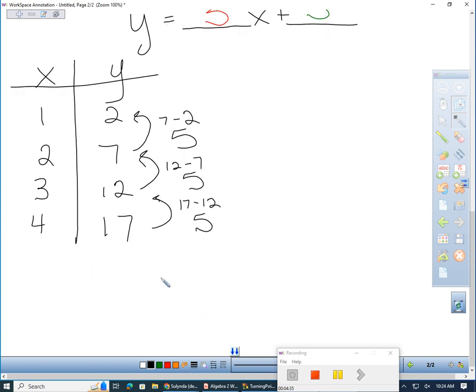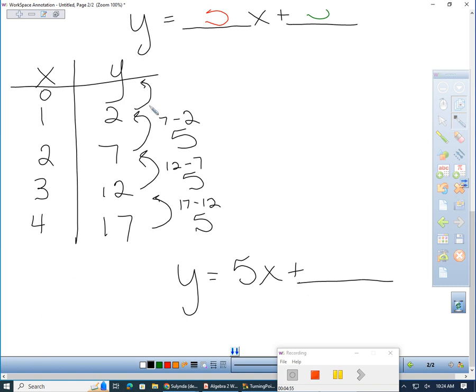So when I write my equation, it's y equals 5x. Then I've got to fill in my blank. I've got to decide what goes in this blank over here. Now, if I go back to 0 up here, that means I have to get this one back to 0. It'd have to equal 5, so how would I find that? 2 minus 5, you're right.